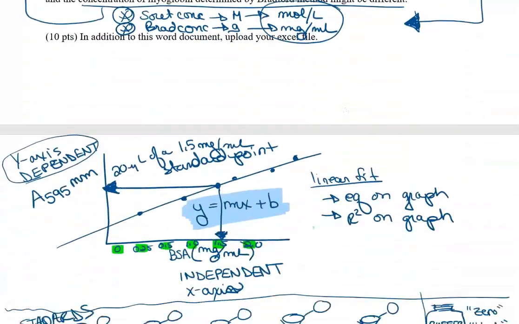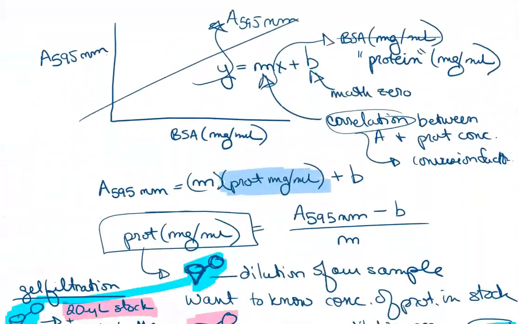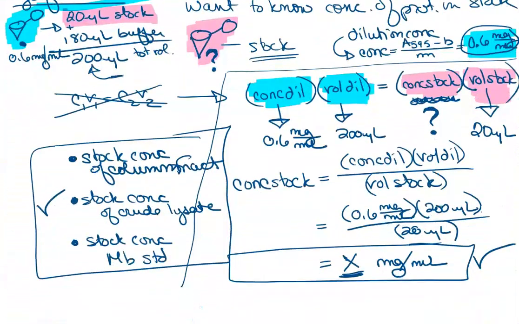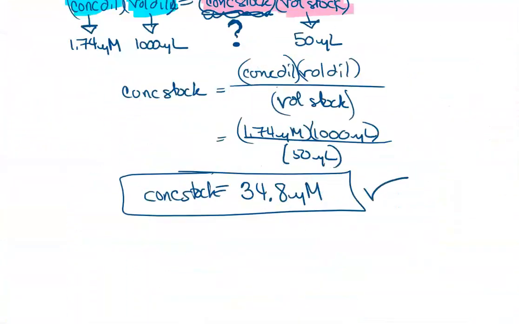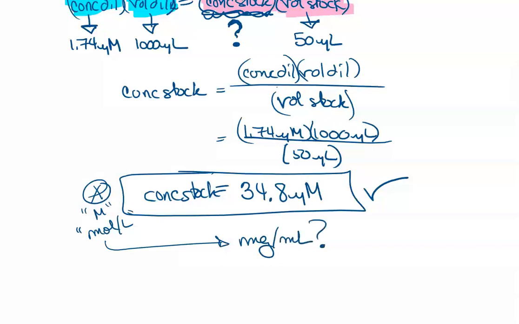Let's move down here, and let me show you how to get from this value in terms of molarity, or moles per liter, to mgs per mil. To do the conversion between moles and grams, we need to know the molecular weight.